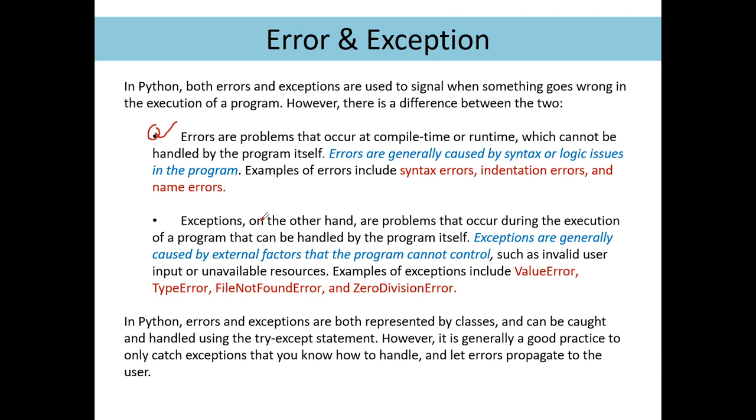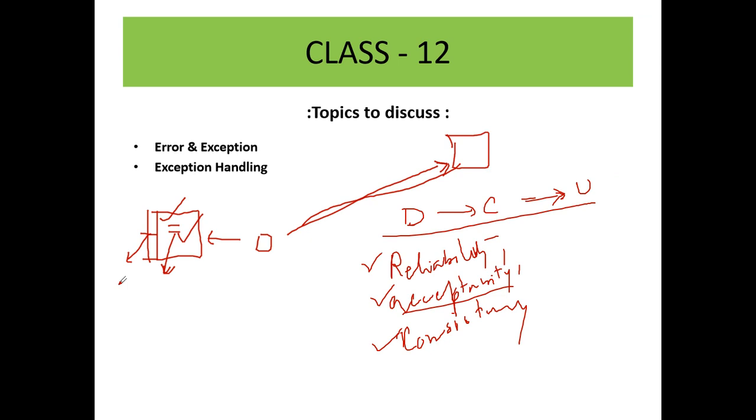Now exceptions are a different thing. I usually make people understand exceptions in this way. Suppose you are walking along a road. Now you are expecting, since this is a road, smooth walking.